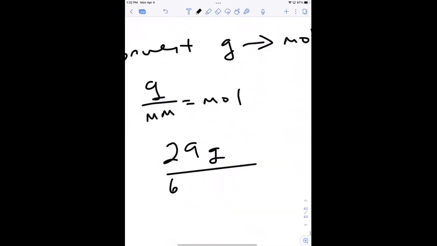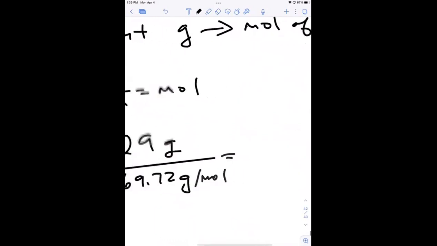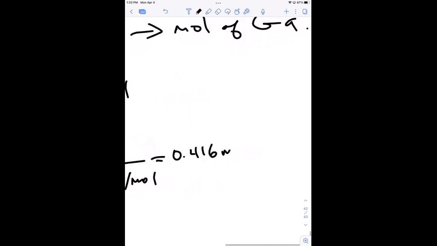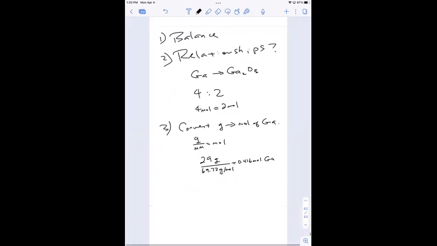All right, so 69.72 grams per mole. So let's do that math real quick. It's 29 divided by 69.72, and that is 0.416 moles of gallium metal. So now we're ready to rock.